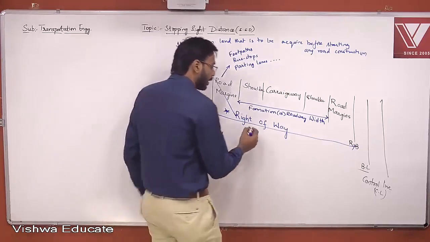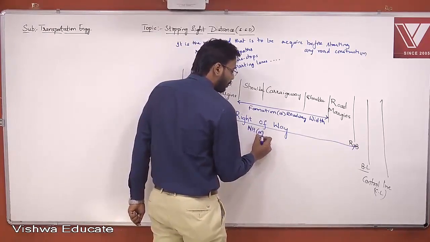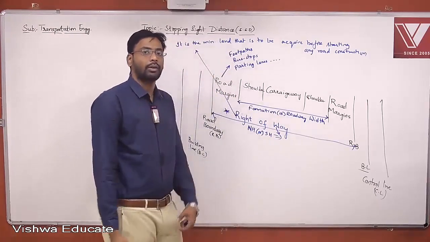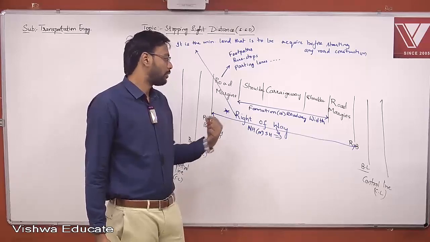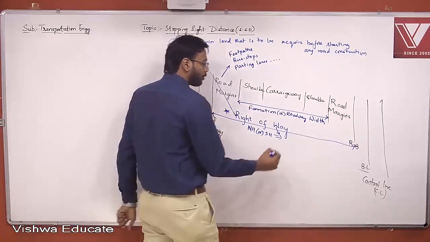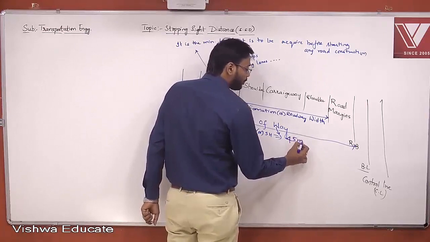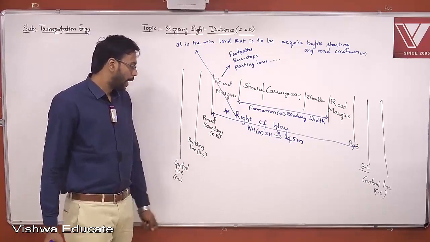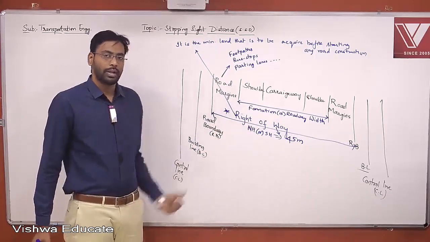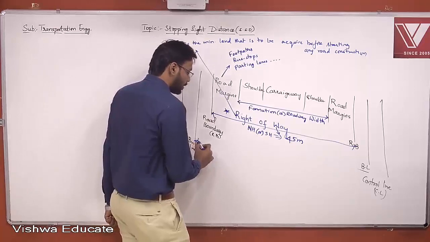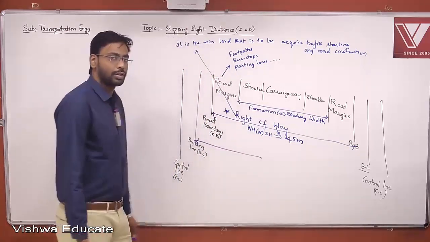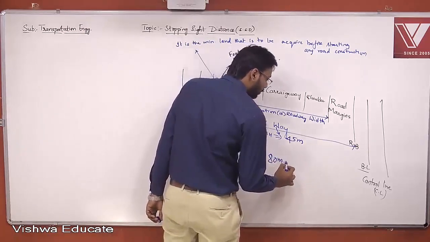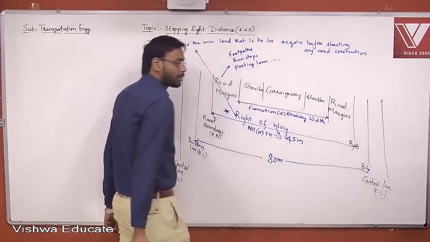And for a national highway or a state highway, generally the right of way that we acquire is around 45 meters, right? Now, we have already seen what is building line, and generally the distance between the two building lines is around 80 meters, right?